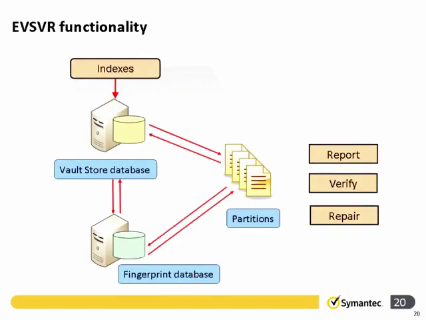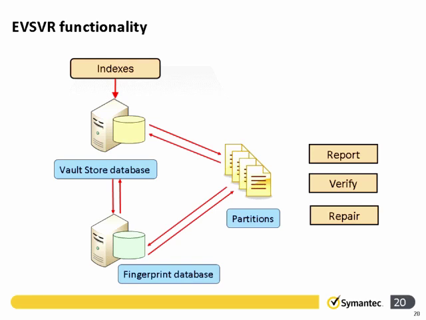Now, as I was mentioning before, the report, verify, and repair functionality deals with the different data silos that need to be synchronized, if you will, or up to date with each other, which are the Vault Store database, the fingerprint database, the partitions, as well as the indexes. The Enterprise Vault Storage Verify and Repair tool can do a report.